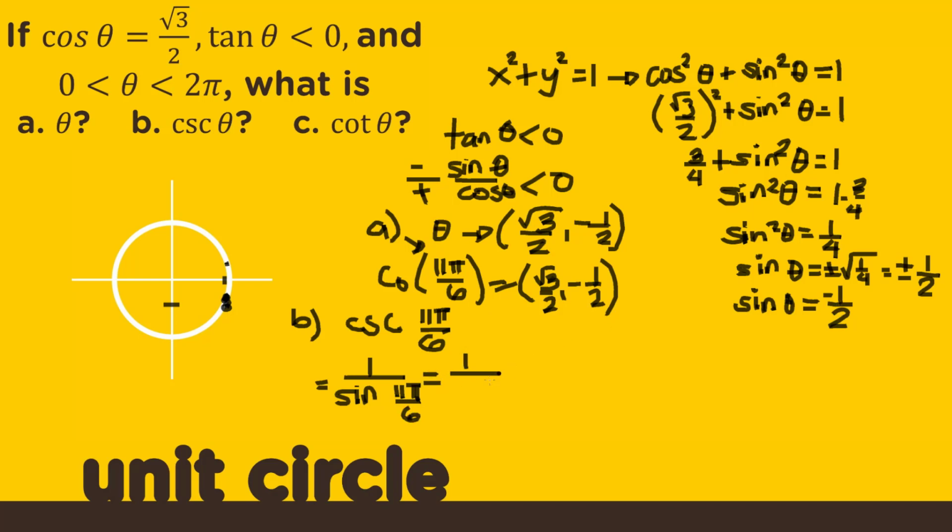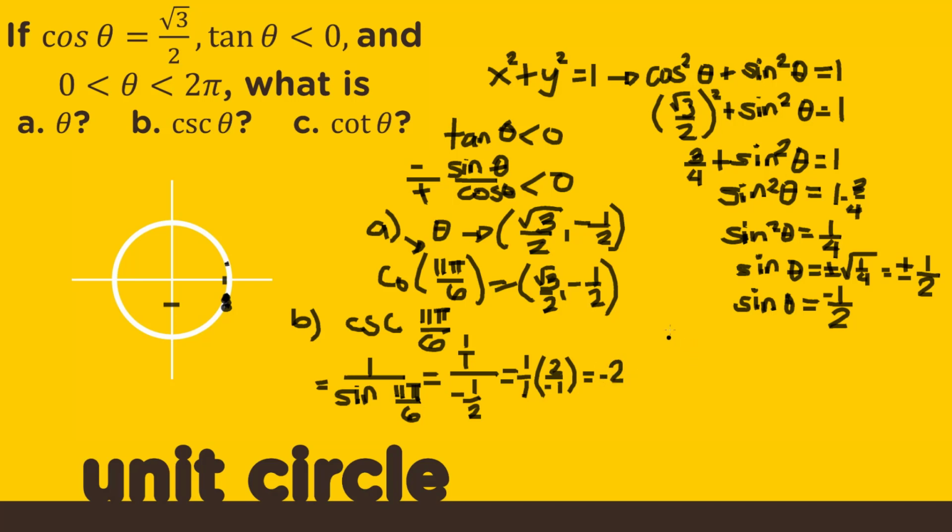So you have 1 over negative 1/2. Using the keep change flip method, 1 over 1, change the operation to multiplication and reciprocate this, 2 over negative 1. Hence, our cosecant of 11 pi over 6, or cosecant theta, is negative 2.